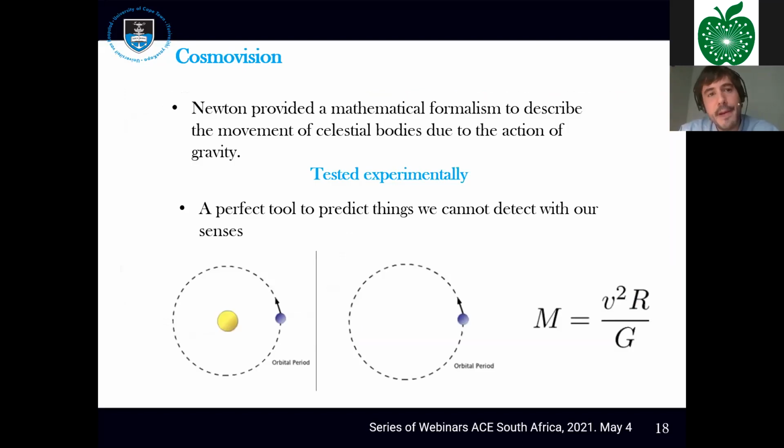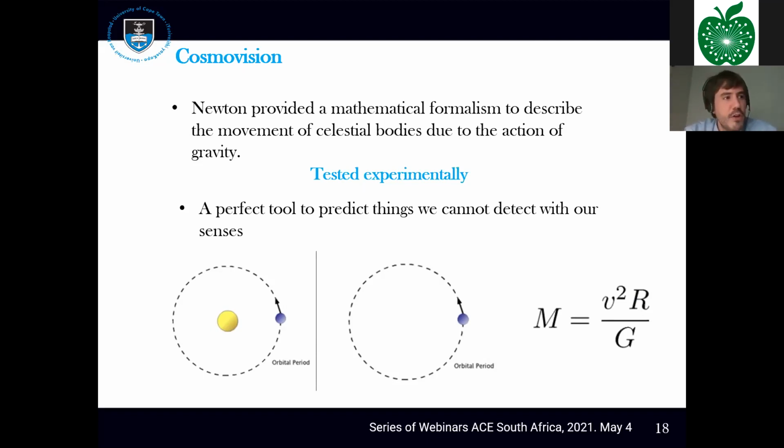Among them, I would like to mention the role of Newton, basically because he didn't only work on collecting that data, but also on giving a mathematical proof for what was happening in those celestial bodies. So Newton provided a mathematical formalism to describe the movement of celestial bodies due to the action of gravity.